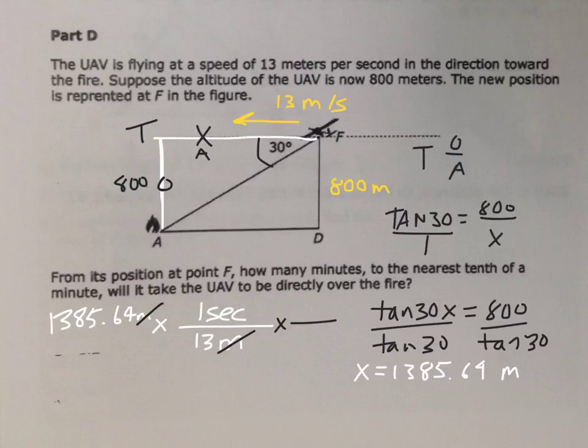They want minutes, so I want to get rid of seconds and replace it with minutes. And there's 60 seconds to every minute, so dividing that number by 60 tells me that the drone, with how fast it's moving, can get there in about 1.8 minutes.